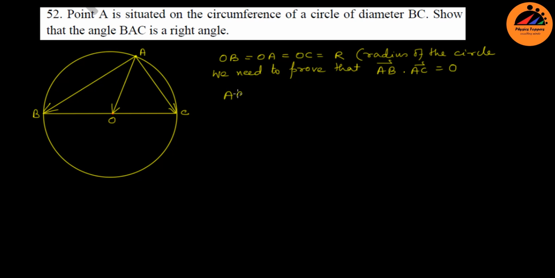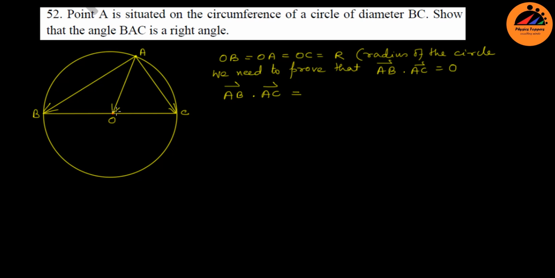So let's take AB dot AC. Now we need to write AB and AC in terms of AO, OB and OC. So AB is what?